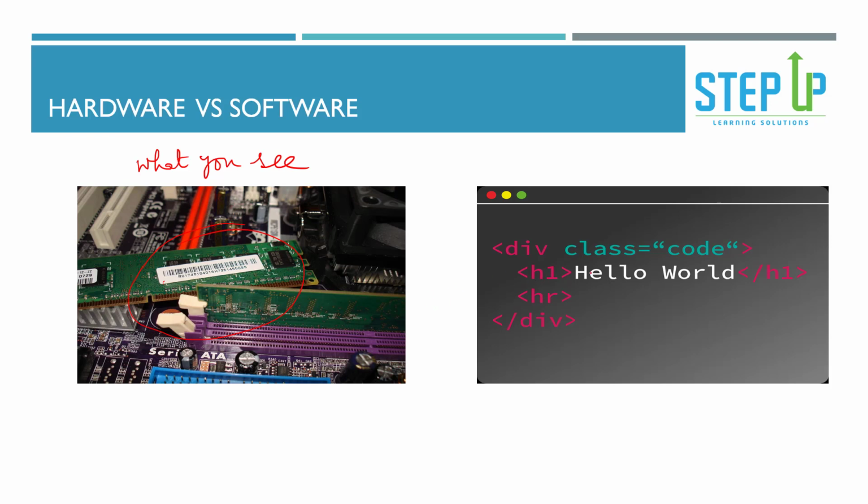What is software? Software is the apps, right? Your applications that are on your system, those your programs, right? So what you don't see. This is a very simple way to put it, right? What is your software and what is your hardware, right?